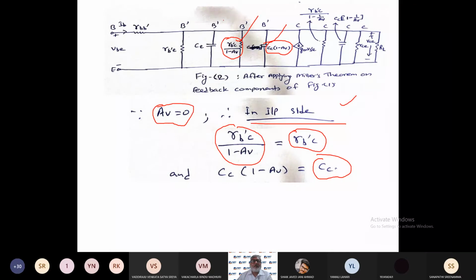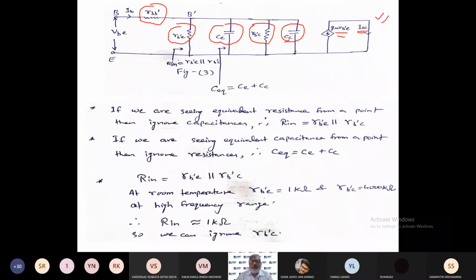This is IB, this is B terminal, this is E terminal, here it is B' terminal, this is RB'E. So now you can see the circuit looks like this, right?